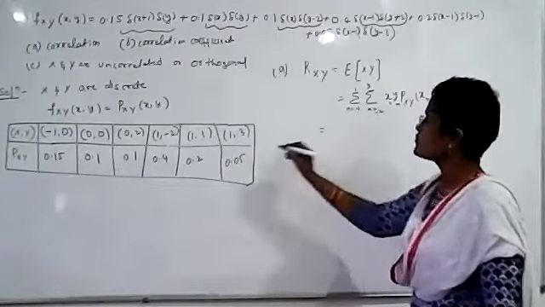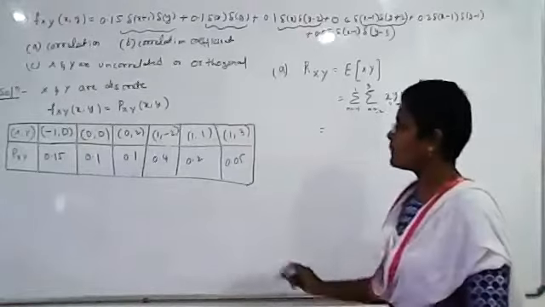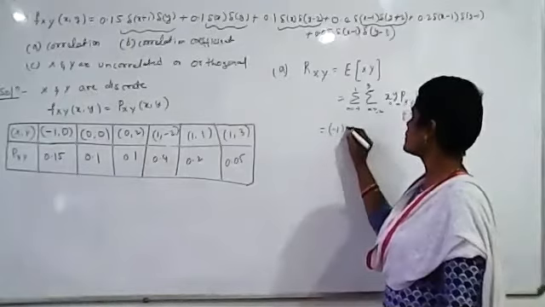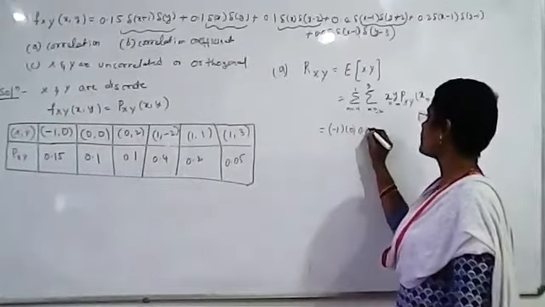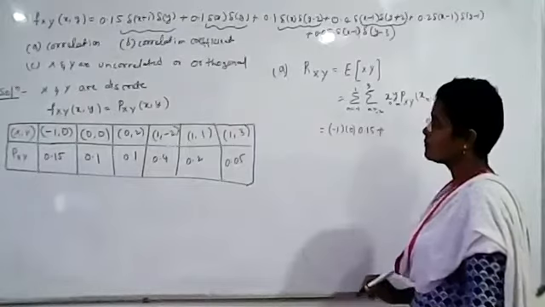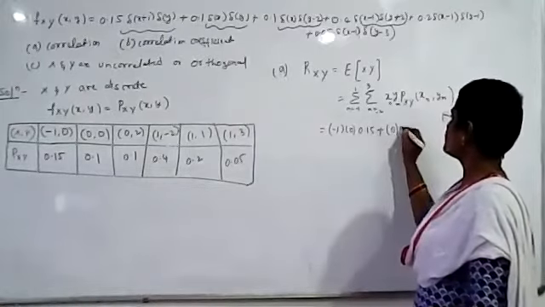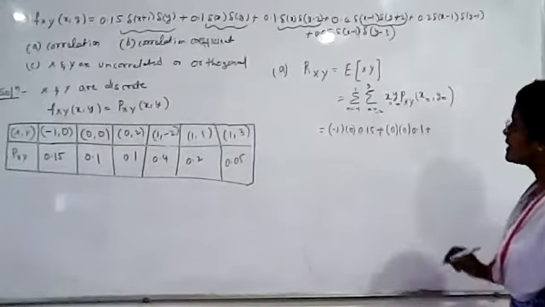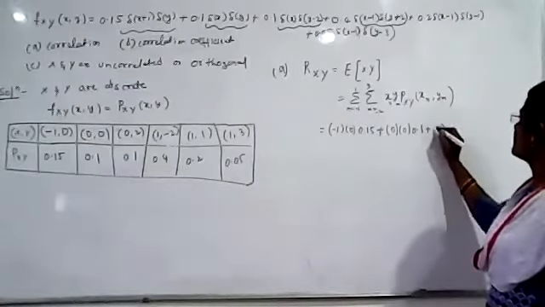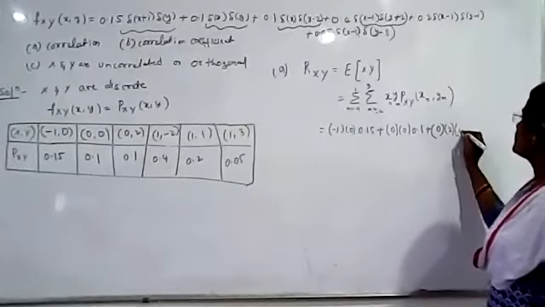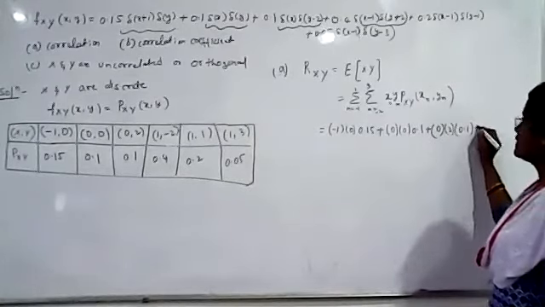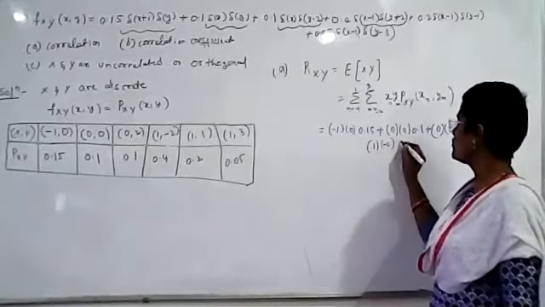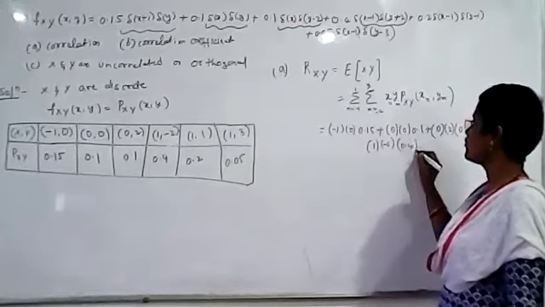Otherwise, we can use this table directly. Multiply the x value and y value: x value is -1, y value is 0, and the corresponding probability. Plus the next x value, y value, and its corresponding probability, plus the next one, 1 and -2, with 0.4.